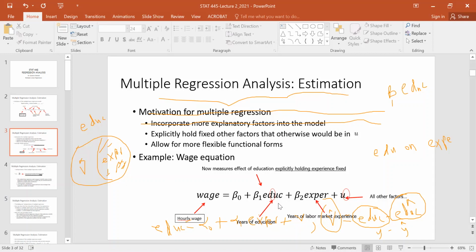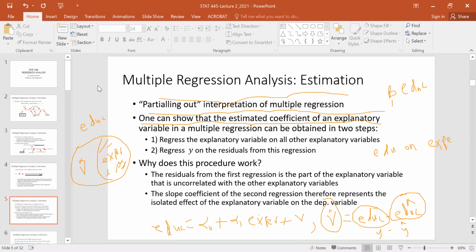Remember, I'm going to say that holding experience constant, beta 1 is the impact of education. So I cannot be using part of education which is polluted by experience, in case experience affects it. So although experience is here, it may affect education by itself, because regressors are usually related.